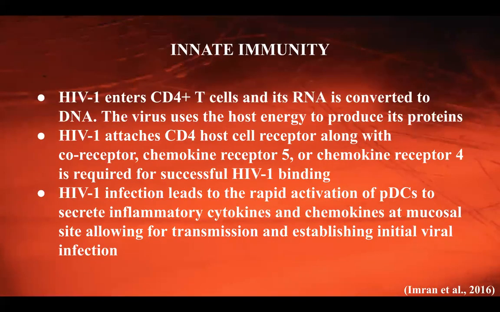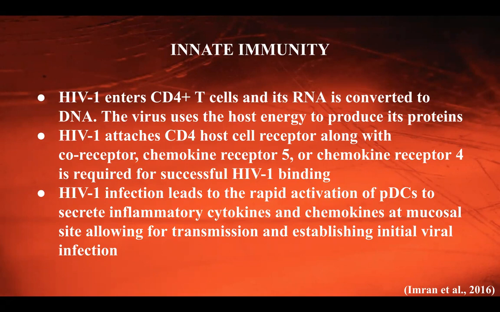The innate immune system of an individual is the first line of defense system, which distinguishes between self and non-self structural motifs. The first step of the HIV-1 life cycle is the attachment of GP120, which is a receptor that allows the entry of HIV into the host cell.